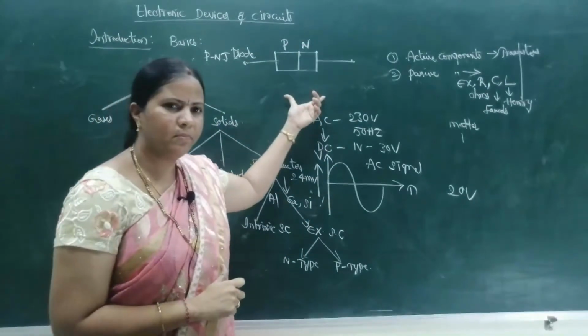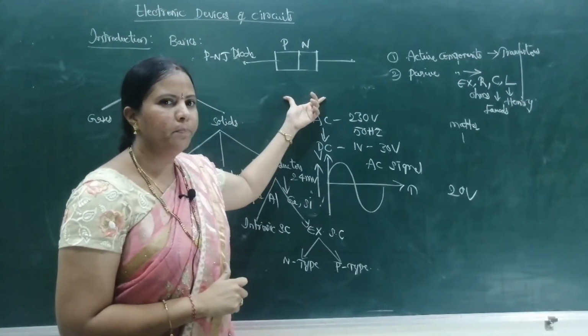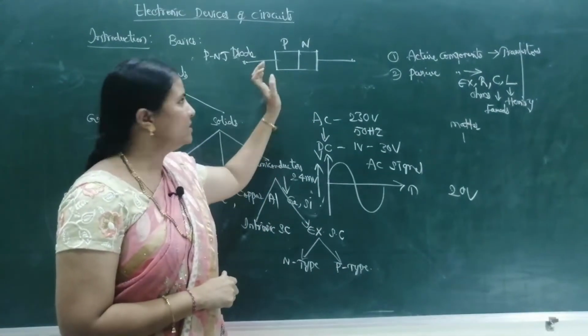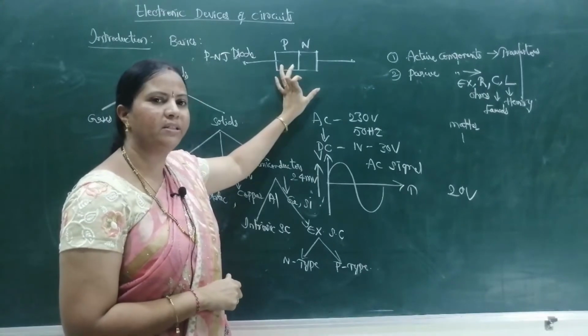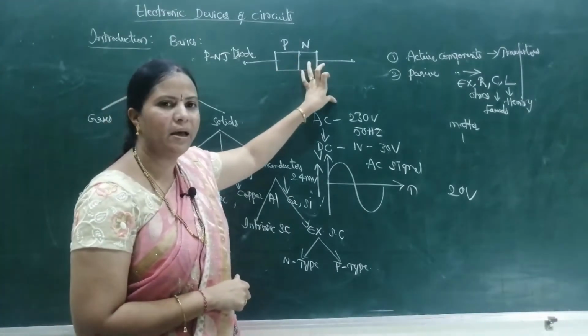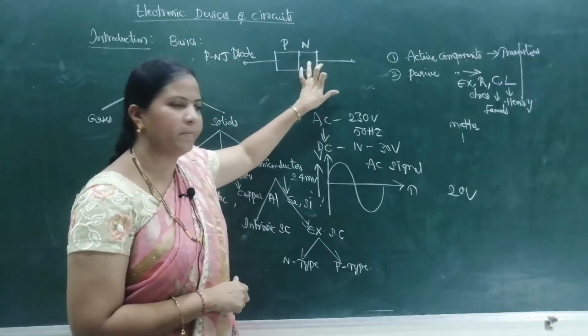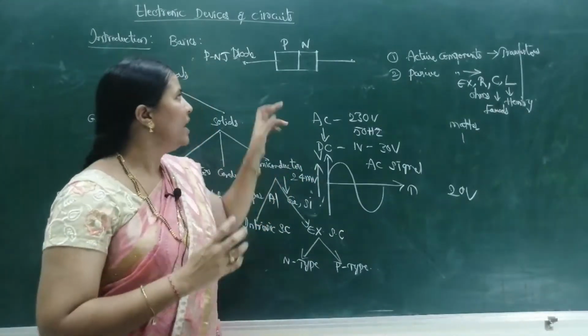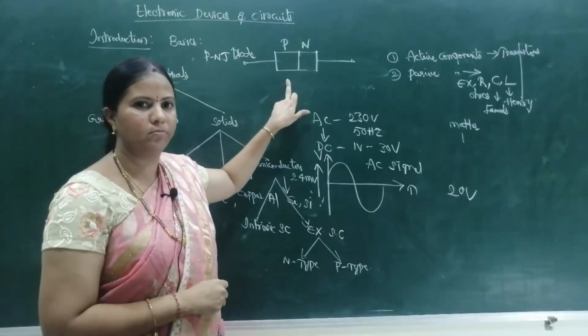If you are taking some extrinsic semiconductor, at one side you are adding trivalent impurities and on the other side pentavalent impurities, like N-type semiconductor. When you are joining these two semiconductor materials, it will form the PN junction diode.